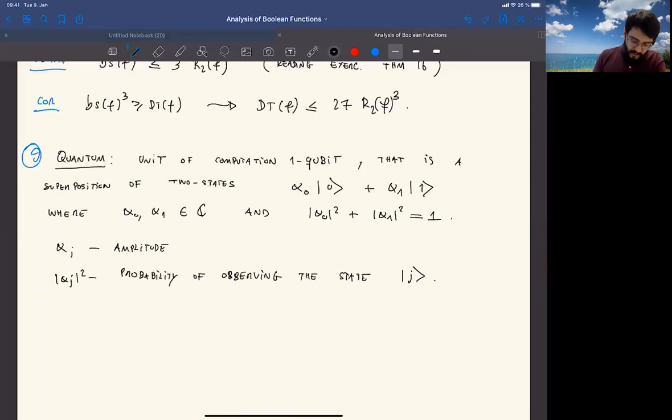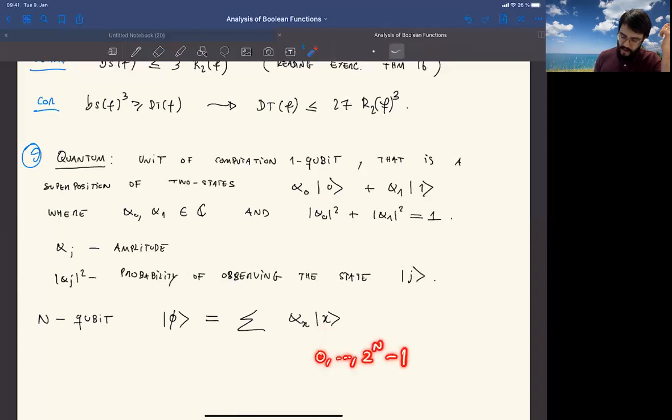Then, in more generality, an n-qubit is a vector of the form a summation over x. Now I have to choose a system because people use different notations here. Sometimes they use numbers from 0 to 2 to the n minus 1, and sometimes x is just a vector in F2 to the n.